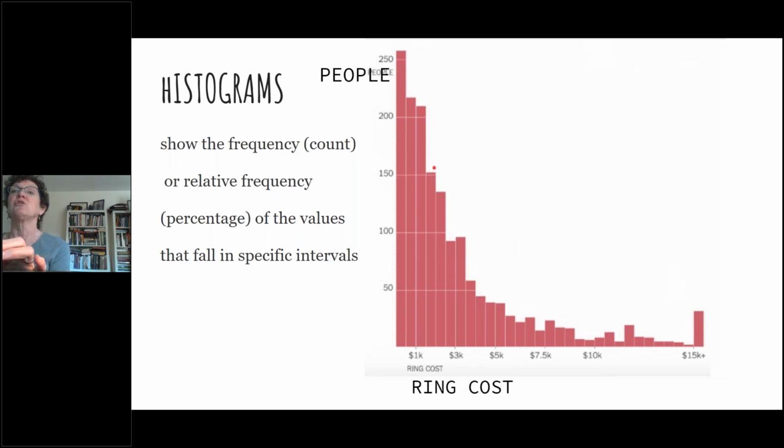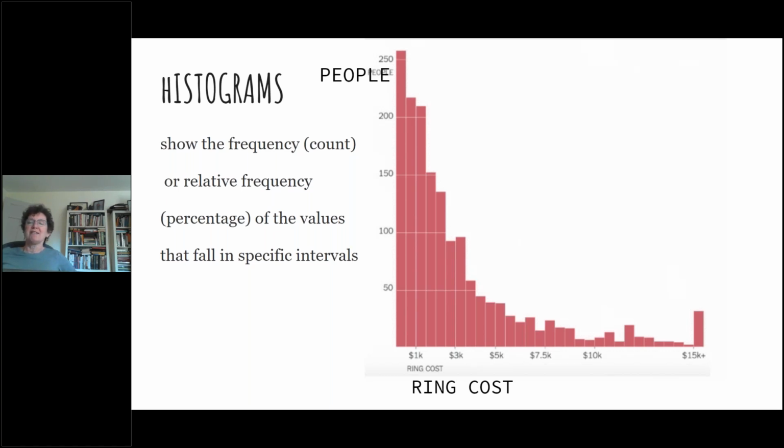We could do that for each one of these and go down. But in general, what can you tell me about this graph? Just in general, looking at the visual. We don't have to be real specific, but we can say, in general, most people are spending less money on rings.